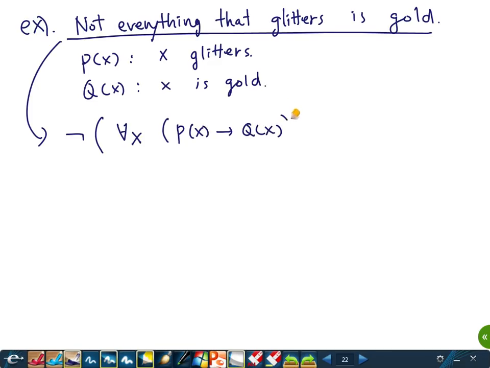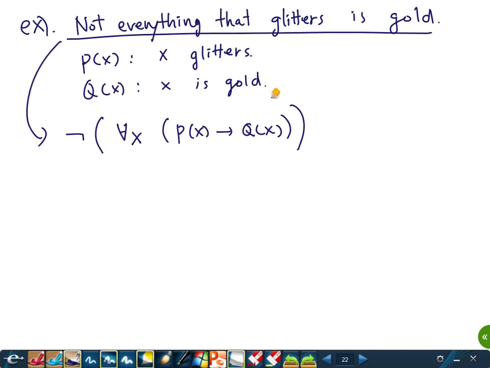This is one way to write this using the notation that we learned. Do you think these are the same? For everything, the fact that it glitters doesn't imply that it is gold. So these are basically the same thing.